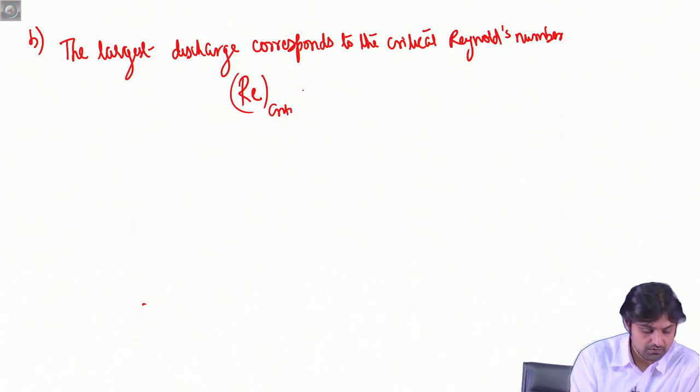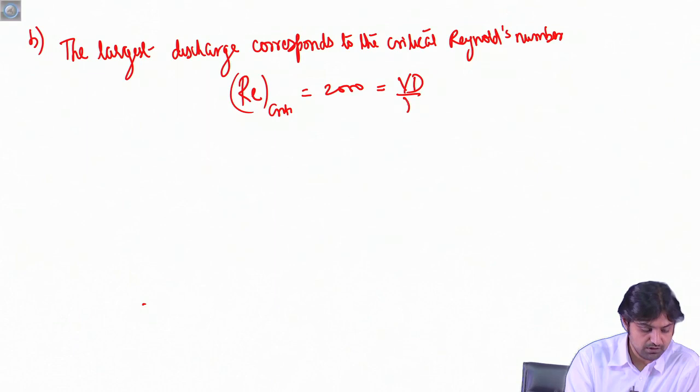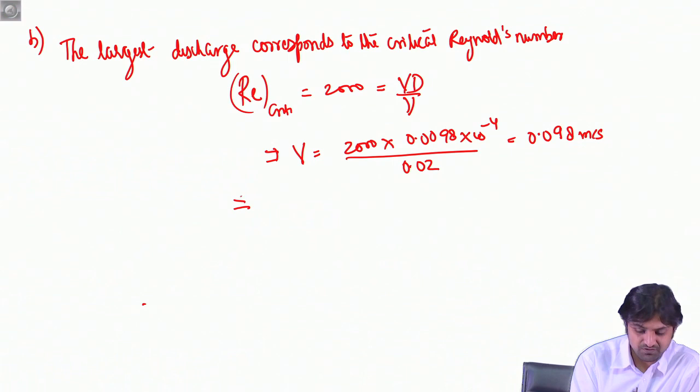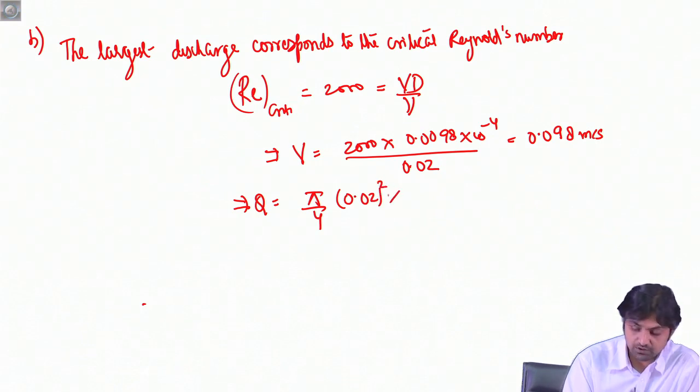Reynolds critical will be 2000 is equal to Vd by nu, which will give us velocity as 2000 into nu, which is 0.0098 into 10 to the power minus 4, divided by the diameter 0.02, gives us 0.098 meters per second. Therefore, Q will be pi by 4 into diameter whole square into this velocity.